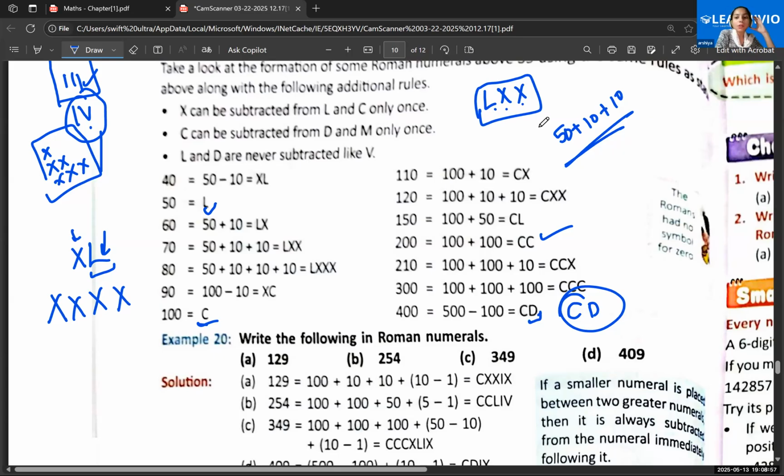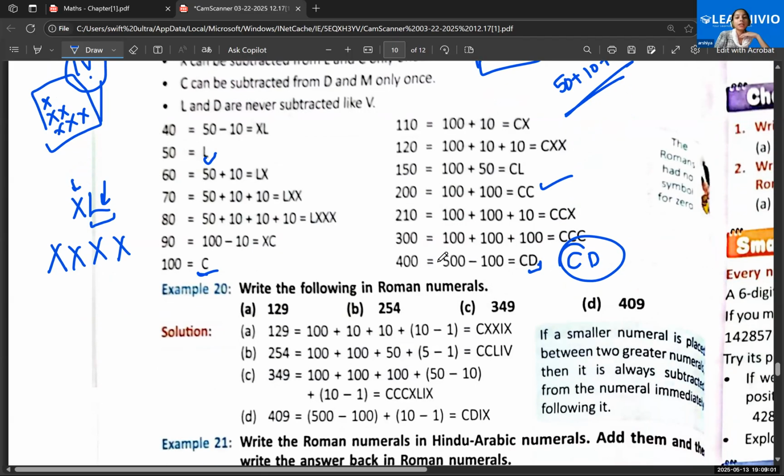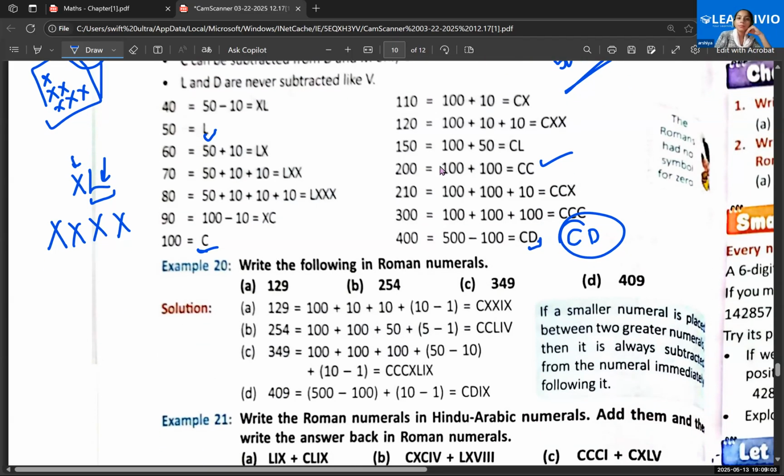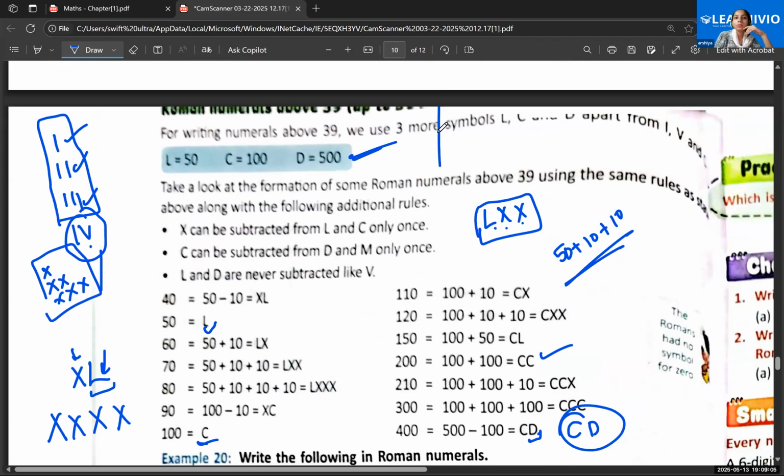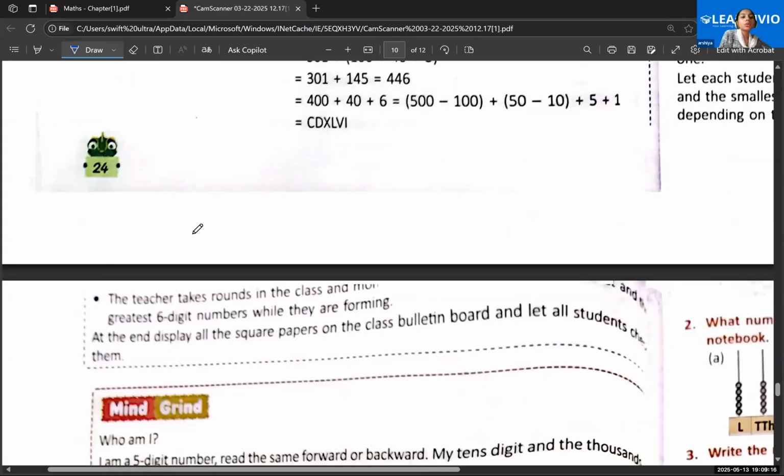So let's just solve some questions so that you can understand how to solve the questions. Okay. Do you remember I told you that let's say you have 129 and you have to write it in Roman numerals?